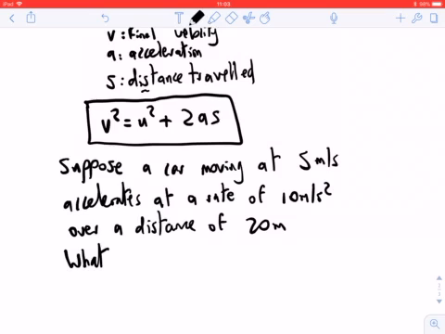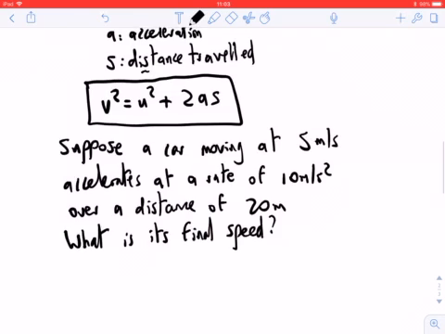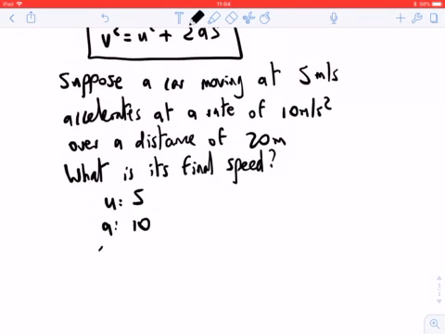What is its final speed? Okay, so you see in this question there's no reference to time. We've just got an initial speed of 5, an acceleration of 10, and the distance travelled of 20.